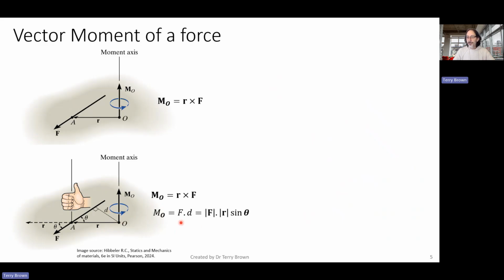But if we look at what we've got here, we can see if we draw a right angle triangle here and we draw this line here perpendicular to the line of action of the force, and we call this dimension D, we can see that D will be R sine theta.